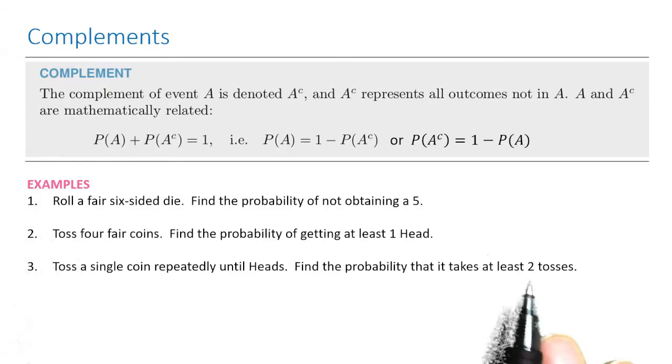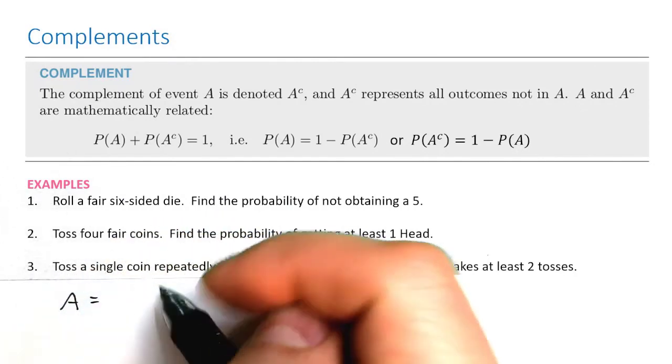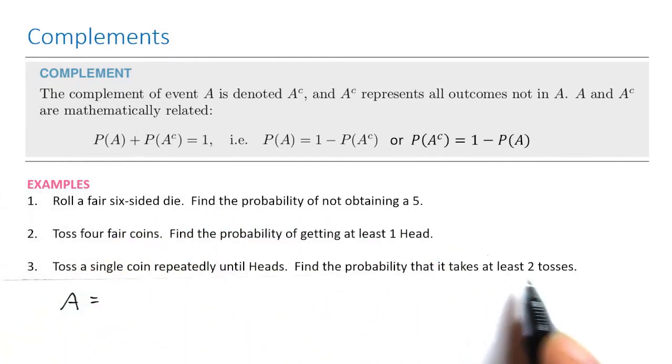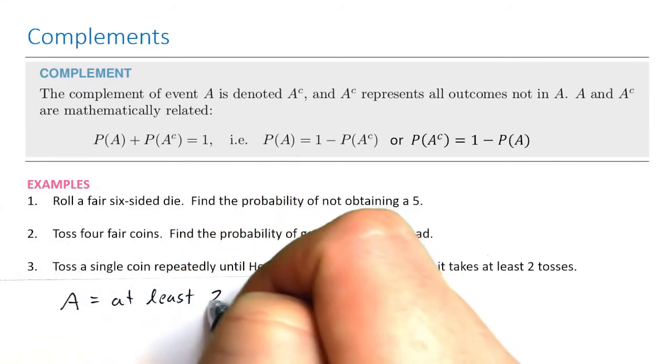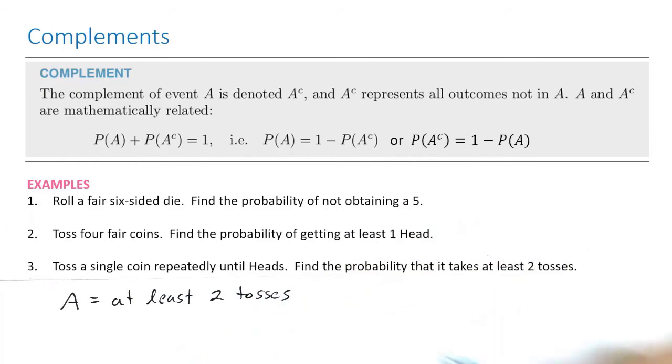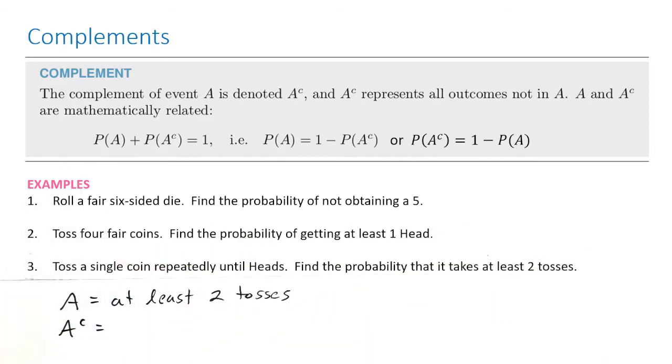So this is a situation, again, where we should think about the complement rule. If I let A denote the event of it taking at least 2 tosses, what's the complement of A? The complement of A is the opposite of this.